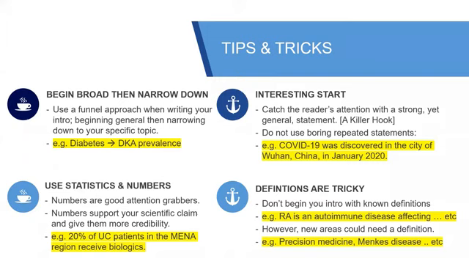So for example, in the last year, we've had a lot of papers written on COVID, of course. So the most common statement that we see every day was that COVID-19 was discovered in the city of Wuhan, China in January 2020. This is a very, very repeated and boring statement to start with.